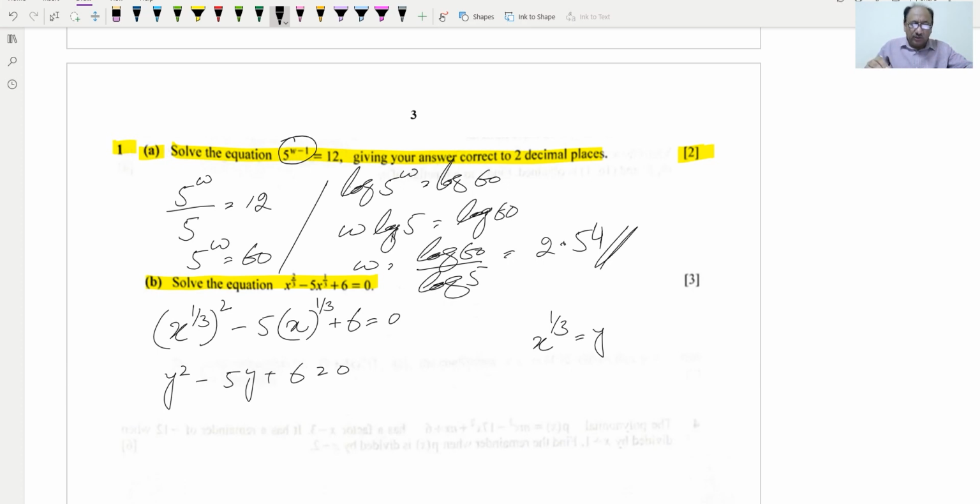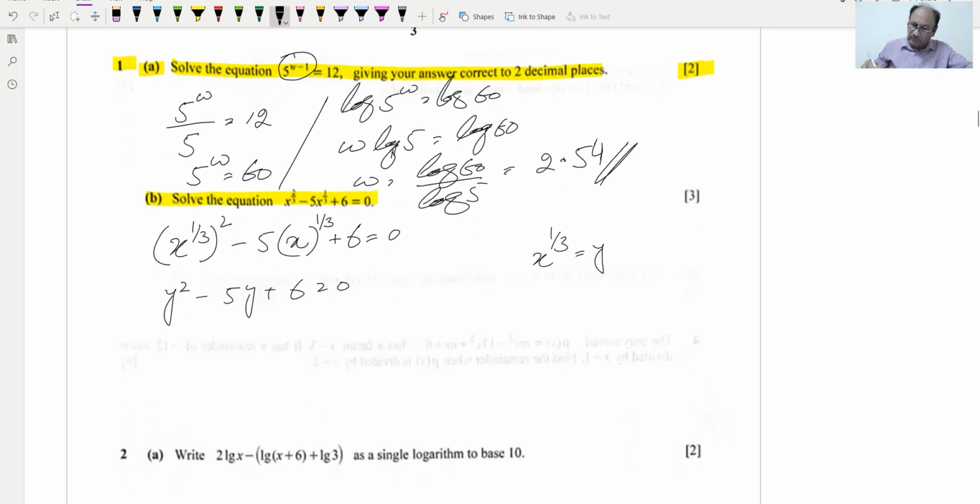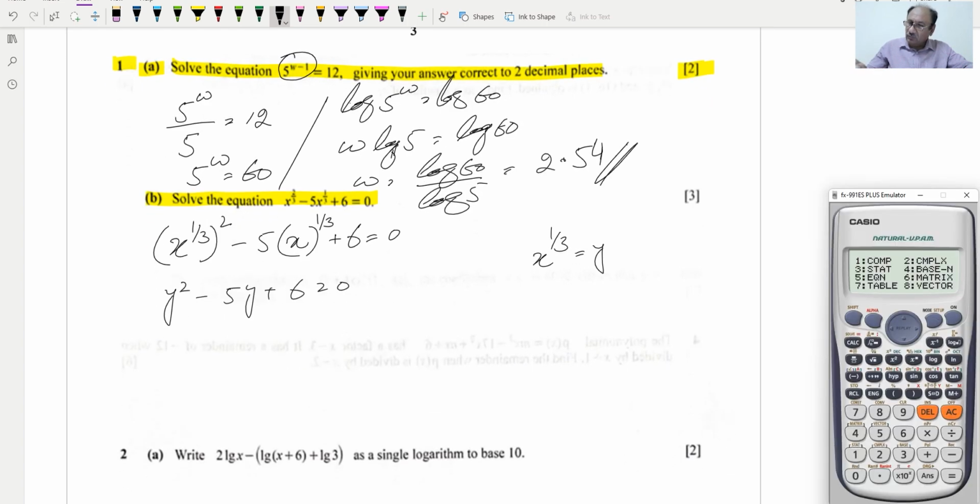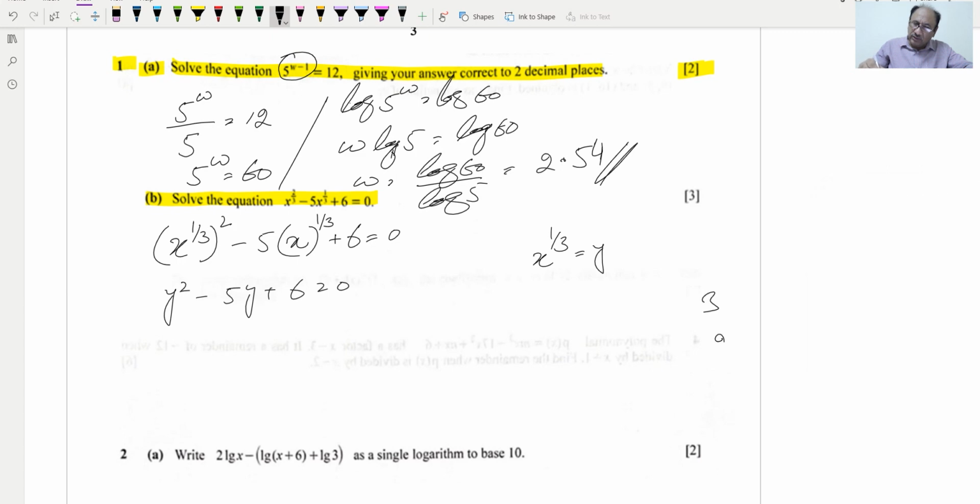Now this is a quadratic equation in terms of y, and we can solve this. The coefficient of y squared is 1, the coefficient of y is minus 5, and the constant is 6, and this will give us 3 and 2. So we change signs and use these numbers: y minus 2 and y minus 3 is equal to 0.